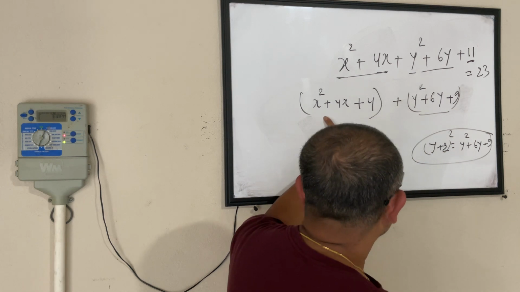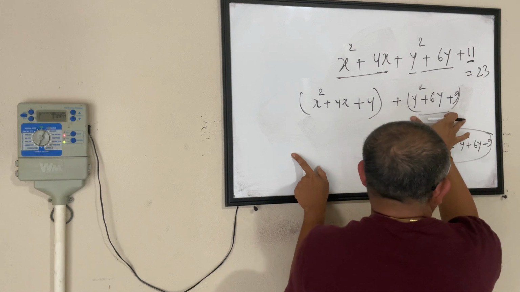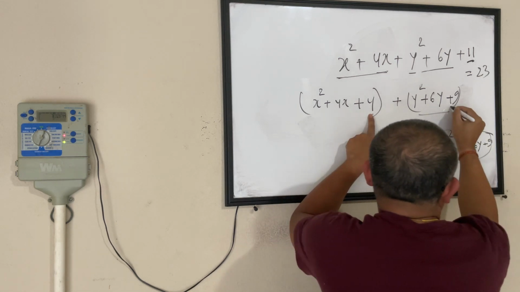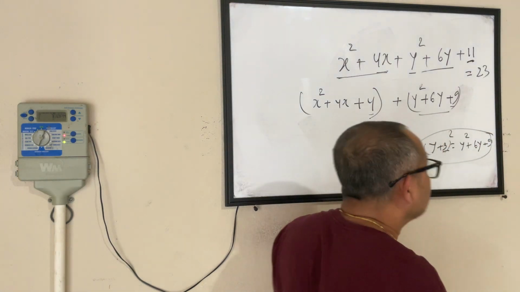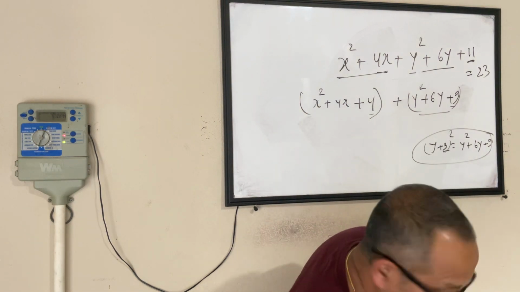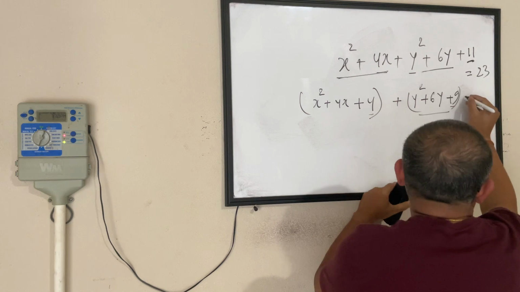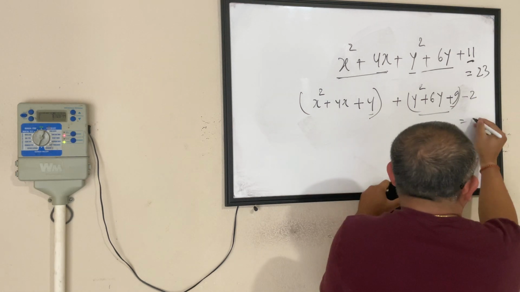So this is (x plus 2) whole squared, and this is (y plus 3) whole squared. But we have 4 plus 9, 13. Here we had only 11. That means we borrowed 2 more. So we had only 11. Now we can say this equals 23.